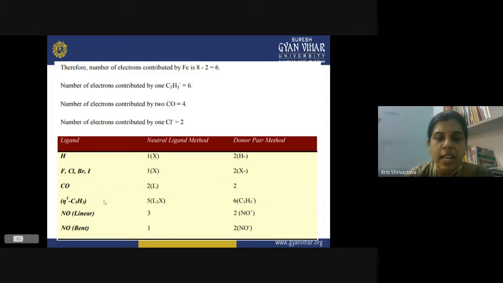Then cyclopentadienyl: 5 electrons are contributed in the neutral ligand method, and in the donor pair method, you consider it as the anion, and a total of 6 electrons are coming. Then NO linear: when the nitrosyl is present in the linear structure, it is contributing 3 electrons, but in the donor pair method, you count it as NO plus. So only 2 electrons are coming. And when you consider NO bent, in the neutral ligand method, it is giving only 1 electron, but in the donor pair method, you count it as NO minus, and a total of 2 electrons are coming.